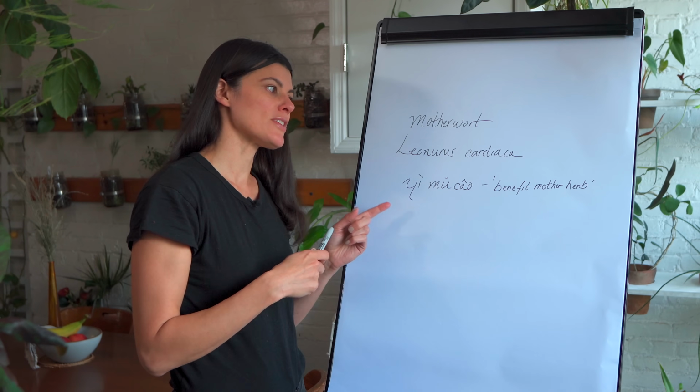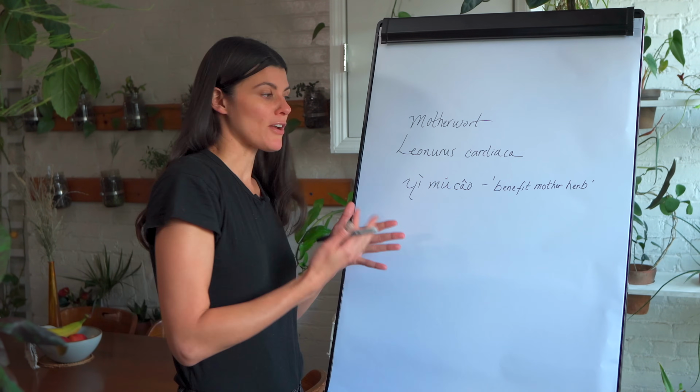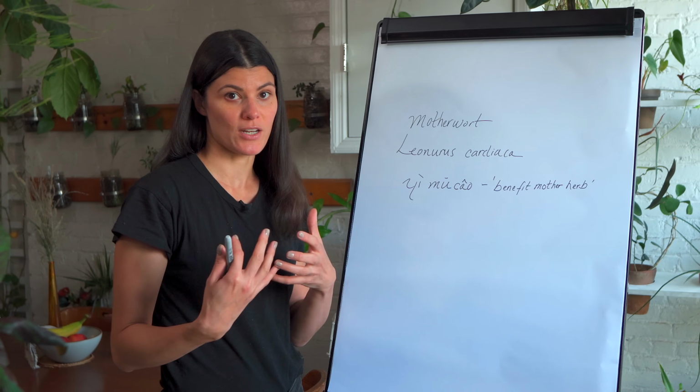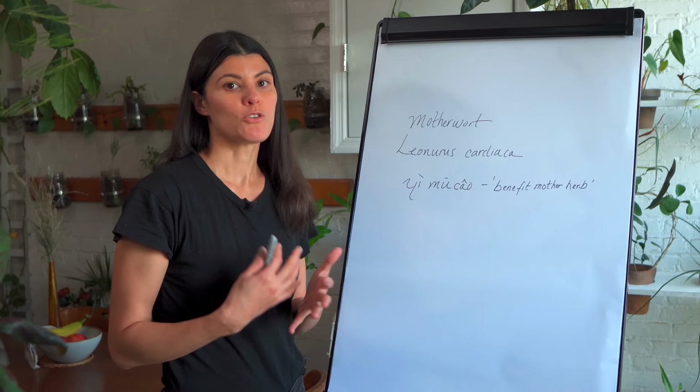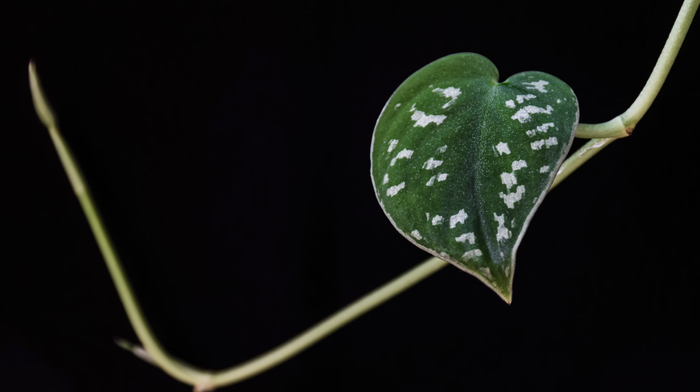Thirdly, when you're able to actually learn the scientific names of plants, you can better see the relationship they have with one another. So, for instance, you may think a plant like silver pothos or satin pothos is in the same genus as, say, golden pothos because their common names are similar.